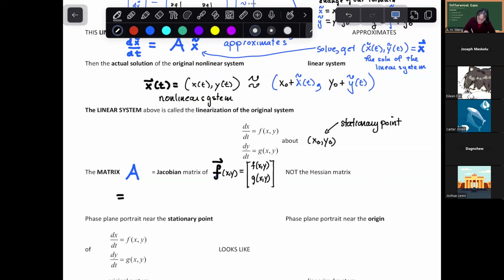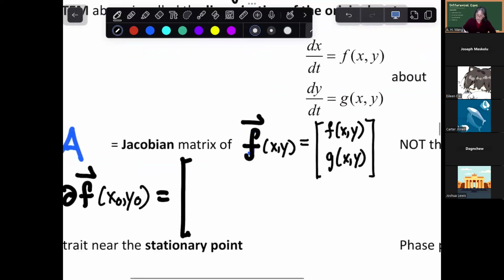You write it like this. That's the Jacobian matrix. When you evaluate it at a point, you can stick it like this. So you just go partial of f with respect to x, evaluated at x naught, y naught.